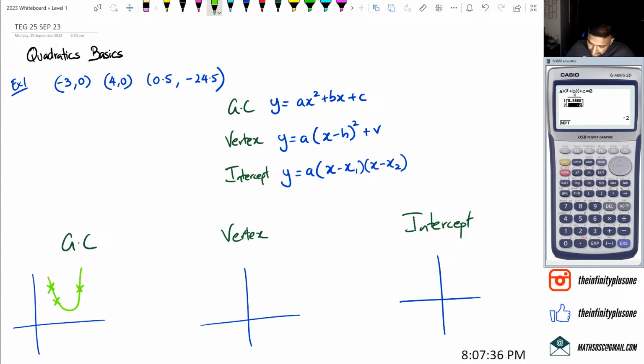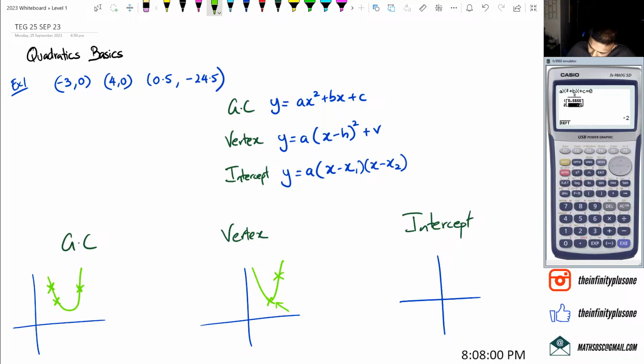Now, when it is a vertex, usually what happens is they give you this point here, the turning point, and then they might give you another point that could be on the parabola somewhere itself. If that's the case, then you probably want to go with the vertex form.